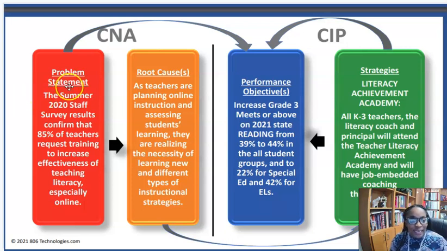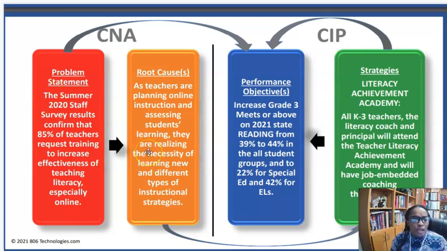All right, so CNA, here's an example of a problem statement. The summer 2020 staff survey results confirm that 85% of teachers request training to increase effectiveness of teaching literacy, especially online.